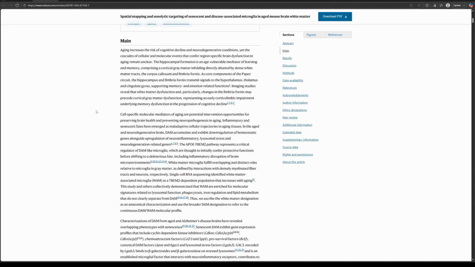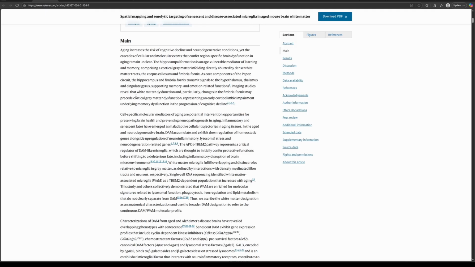The corpus callosum and fimbria fornix, I don't know what those are either, it doesn't matter, as core components of the Papez circuit. The hippocampus and fimbria fornix transmit signals to the hypothalamus, thalamus, and cingulate gyrus, supporting memory and emotion-related functions. So these parts of the brain support memory and emotion, and learning and other similar things.